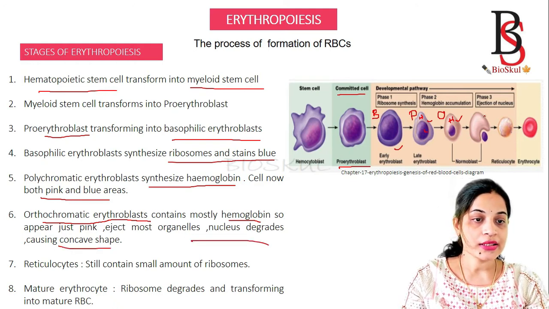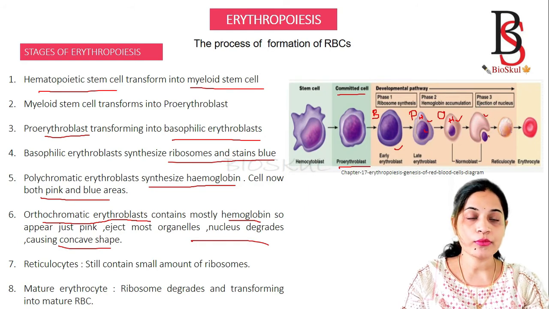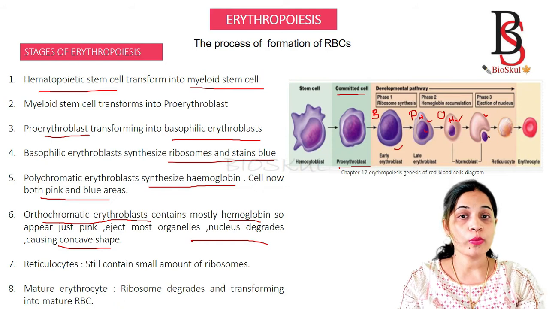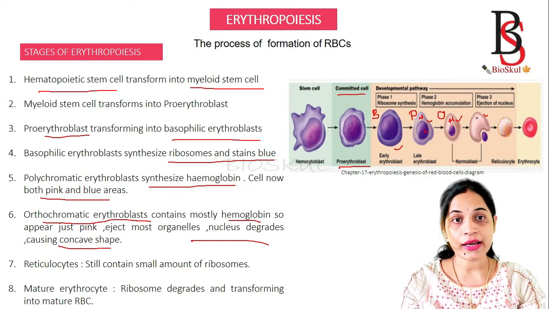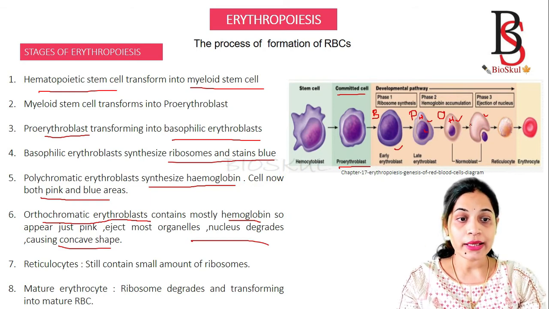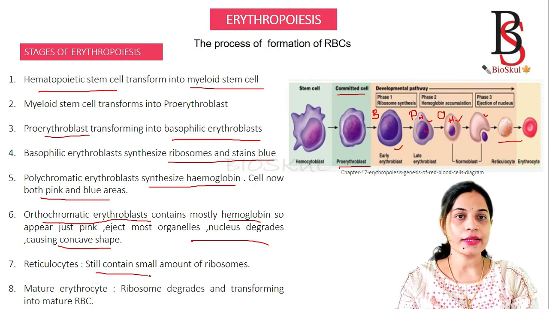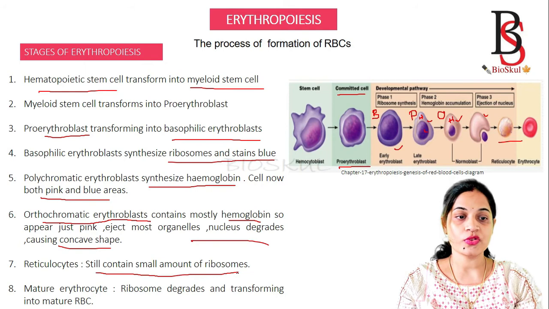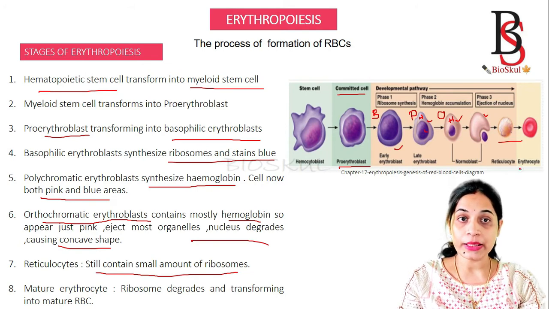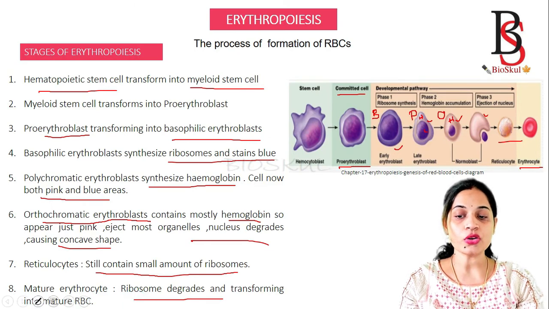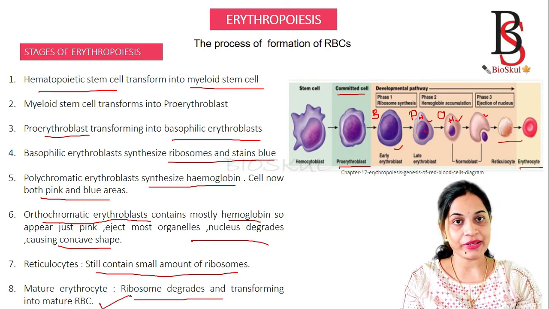You can see here the nucleus and most of the organelles are ejected. This orthochromatic erythroblast now forms the reticulocyte. The reticulocyte still contains a small amount of ribosomes. When it becomes a completely mature erythrocyte, the ribosomes degrade and it transforms into a mature RBC.